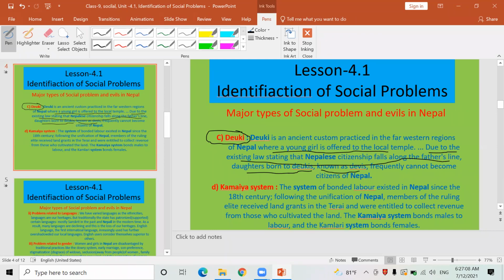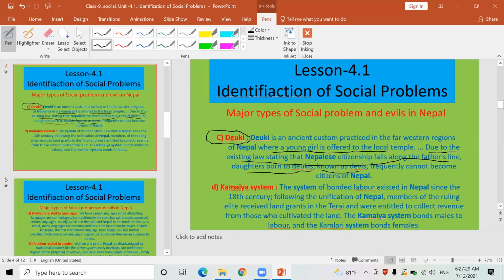In course of time, when the girl grows up and matures, the priest and locals, especially men, can misuse her, harass her sexually, and exploit her sexually as well.